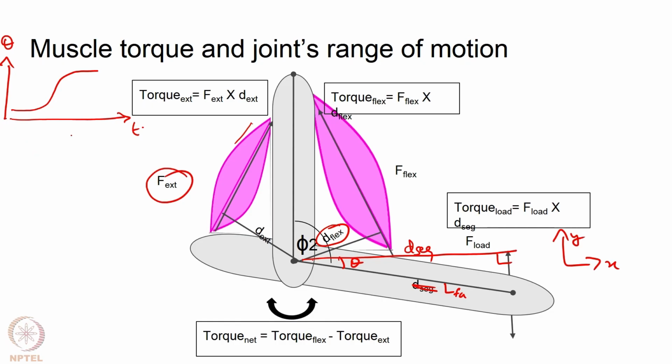What will the velocity look like? The angular velocity will look like that, approximately, or somewhere earlier you are going to have the peak. So, that is theta dot versus t.